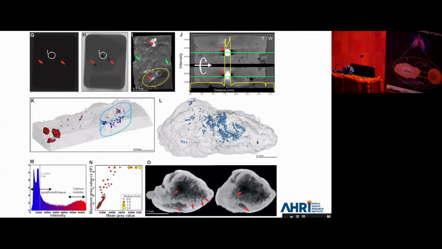We could identify different levels of calcification in terms of density. Some of these calcium crystals are extremely densely compacted with calcium, while others are slightly less calcified. And we can identify these calcium crystals on the bottom here.